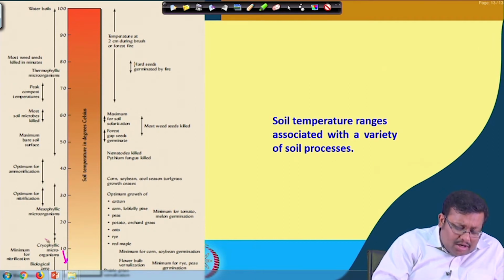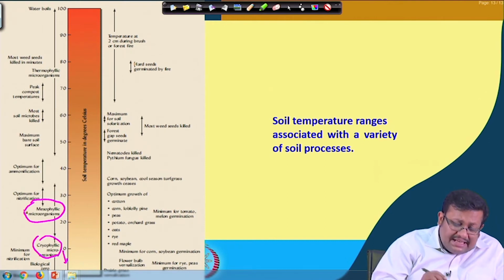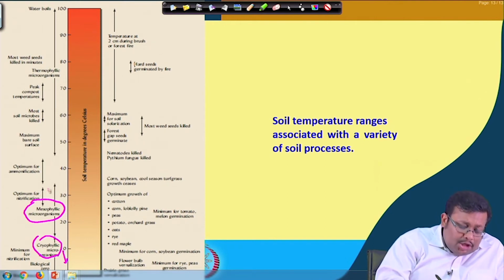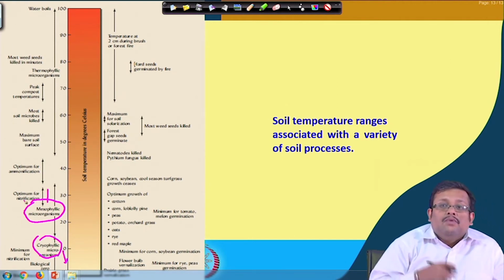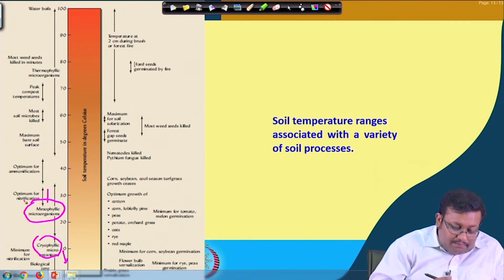The cryophilic microorganisms will remain in this temperature range, and from 10 to 20 or 20 to 30, I would say from 15 to 35, you will see mesophilic microorganisms remain in the soil. And remember that this 30 to 35 degree centigrade range is optimum for nitrification, which is one of the important nitrogen transformation processes which we will discuss later on.